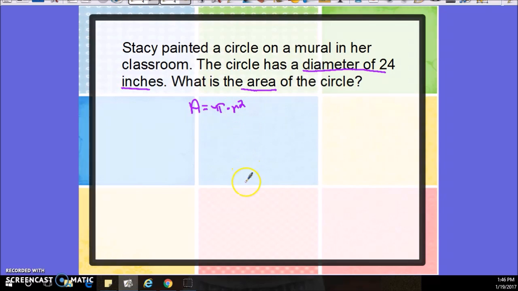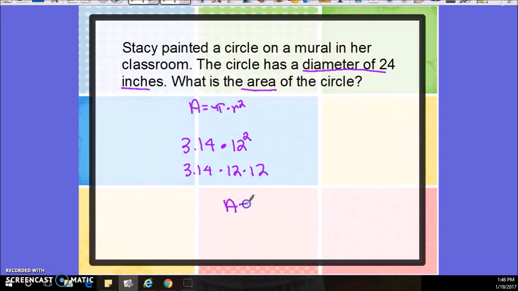So with the area, you have to use the radius measurement. So how do we find the radius measurement? Divide by 2, because radius is half of the diameter. So you're going to have 3.14, which we're using for pi, times 12 squared, or 3.14 times 12 times 12.